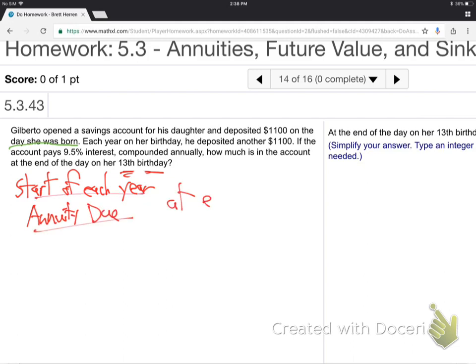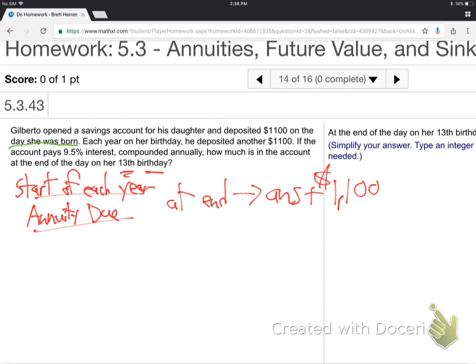And at the end, you take the answer and you add the last $1,100 he put in. Because that last $1,100, he just did it on her 13th birthday, and they want to know right then at the end of the day how much.